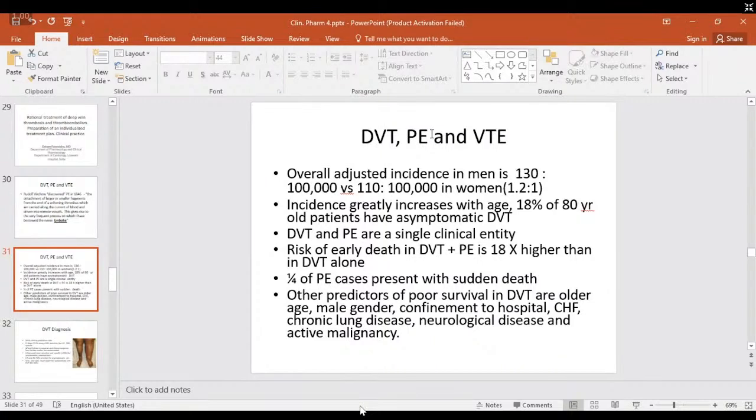Some risk factors for pulmonary embolism and for DVT are older age, male gender, confinement to hospital if patients are especially immobile, so they cannot move, congestive heart failure, neurological disease, or an active malignancy. They all increase the risk of developing venous thromboembolism.